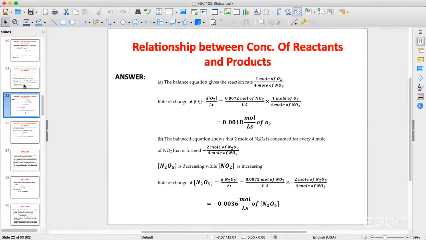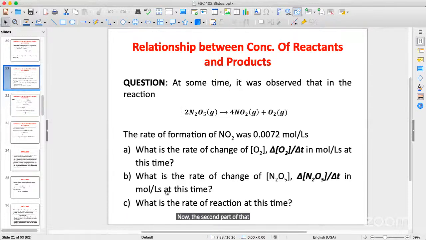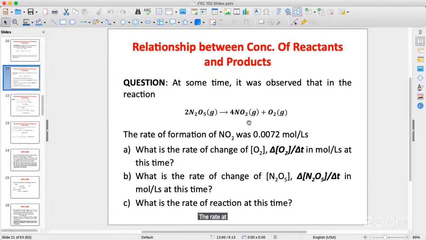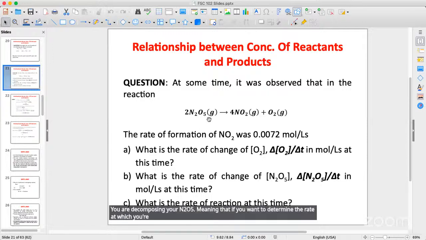Now, the second part of that question says N2O5. What is the rate of change of N2O5? Now, the rate at which you're producing your NO2 doubles the rate at which you're decomposing your N2O5. Meaning that if you want to determine the rate of N2O5 from the rate at which you're producing your NO2, you need to divide the rate of NO2 also by 2.